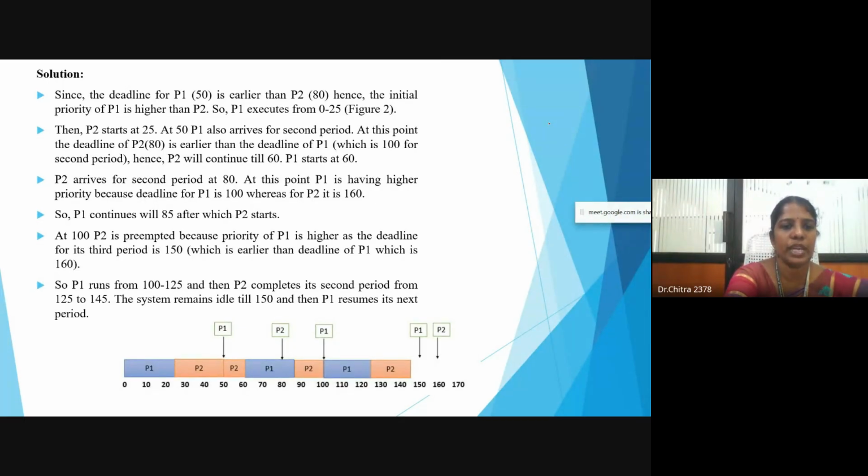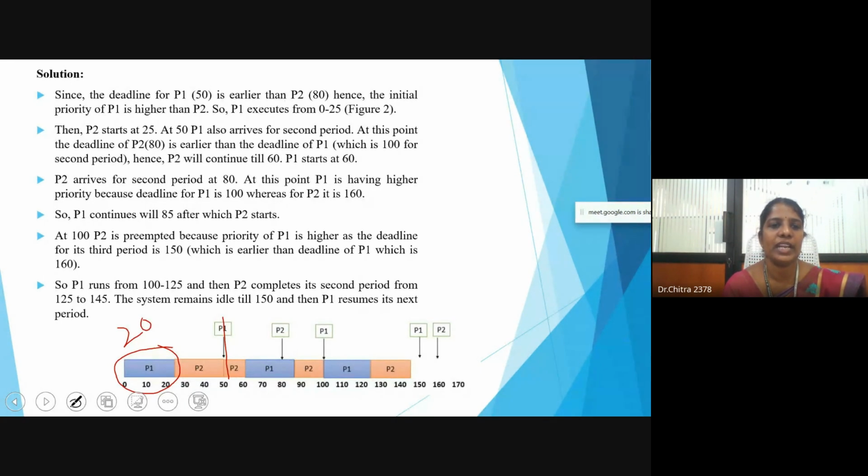Here is the same problem. The deadline for P1 is 50 and for P2 is 80. That means P1 must be executed before 50. The burst time required is 20 CPU cycles. So our deadlines are 50 as well as 80.